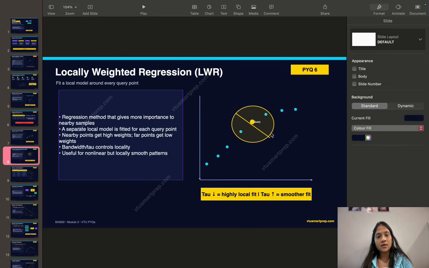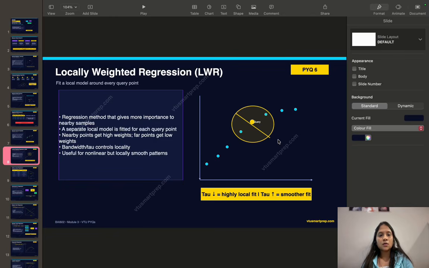Just remember the diagram and these points, including when bandwidth is going to be high and when it is going to be low. For a highly local fit it decreases, and for a smoother fit it increases.